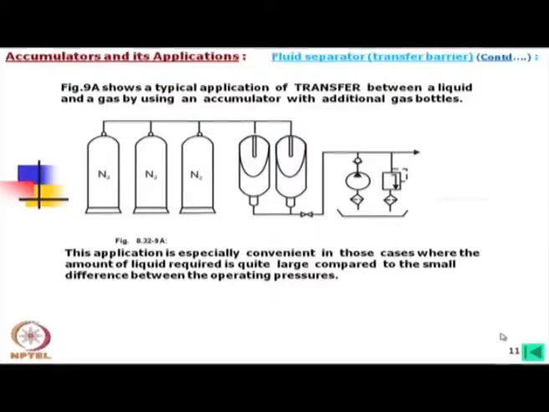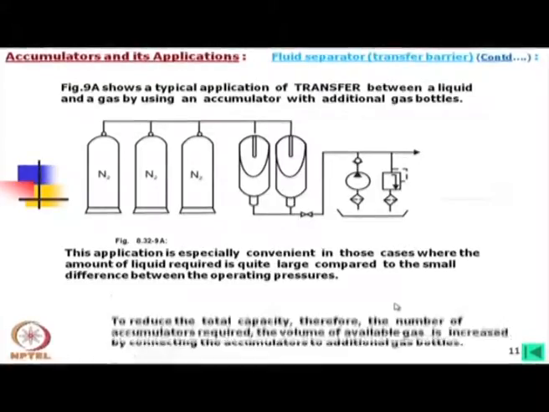This application is especially convenient in those cases where the amount of liquid required is quite large compared to the small difference between the operating pressures. Okay. In these systems we actually need a very large amount of oil with a very small pressure difference, and the accumulator helps in meeting such requirements.